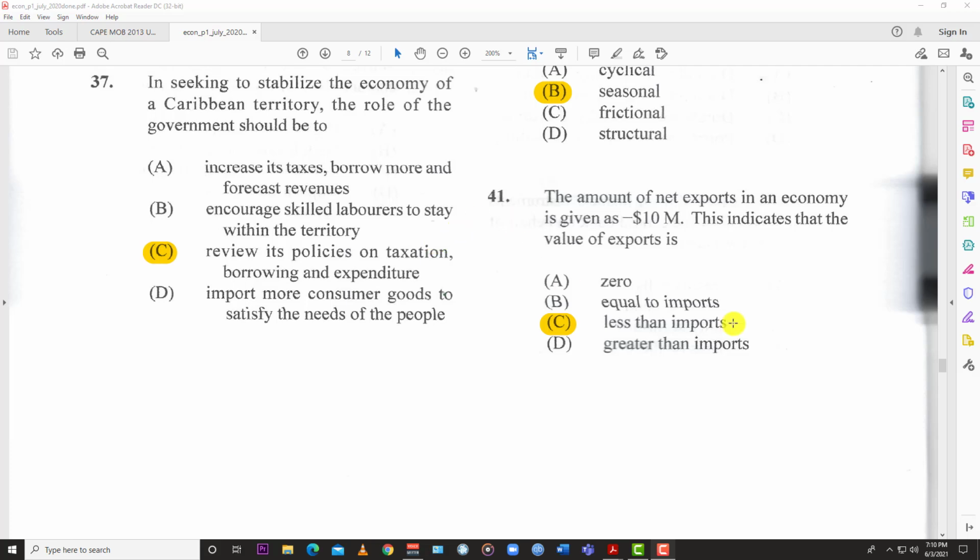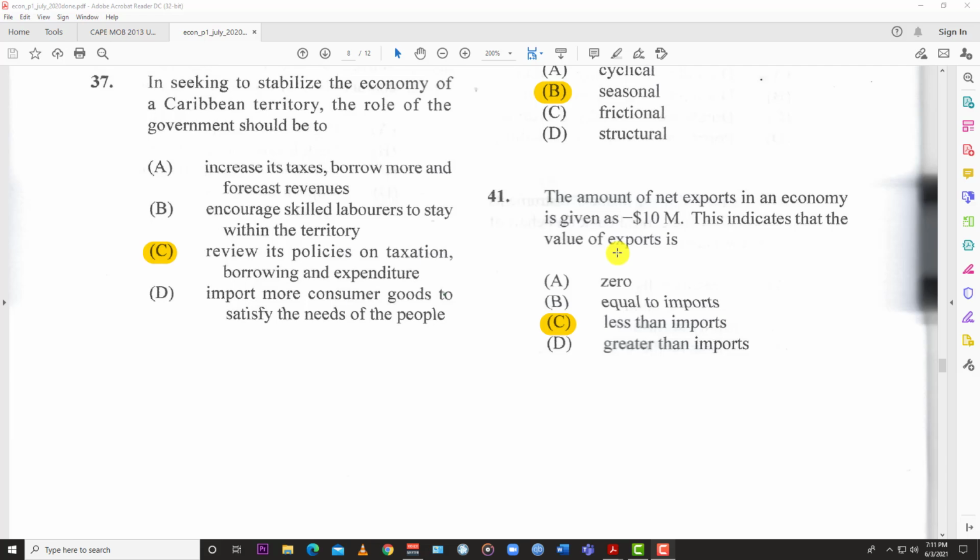All right, so now for 41, the amount of net exports in an economy is given as minus 10 million. This indicates that the value of exports is... And of course, since it's a negative number, and the formula to find net exports is X minus M, exports on the left minus imports on the right.